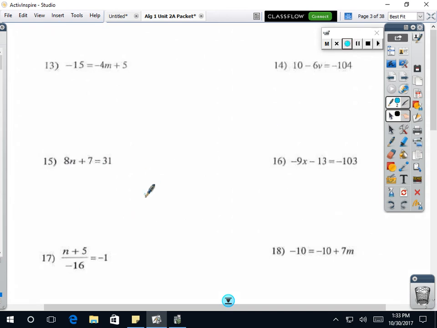All right, number 13. To get that m by itself, what do we do first? Subtract 5, right, on both sides. On this side, 5 minus 5 is 0, so you just cross it out. No need to write a plus 0. On the left side, it becomes a negative 20. Now to get m by itself, what do we do?